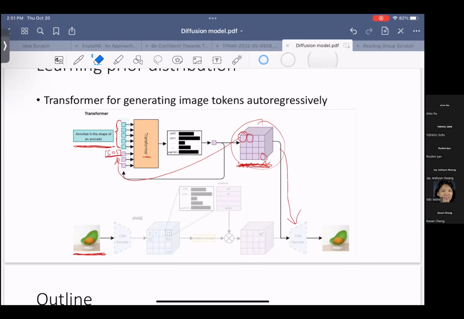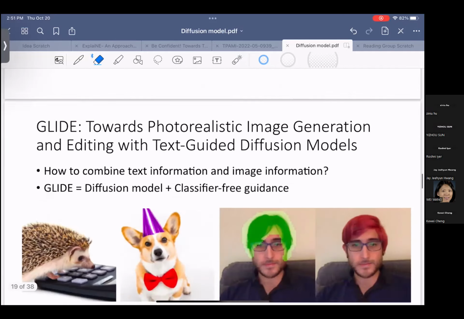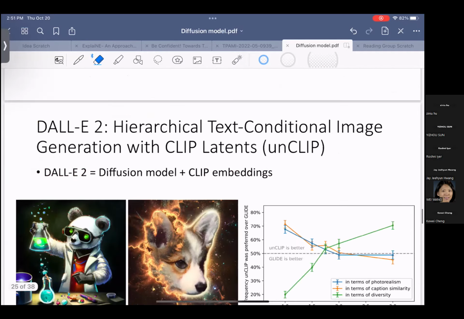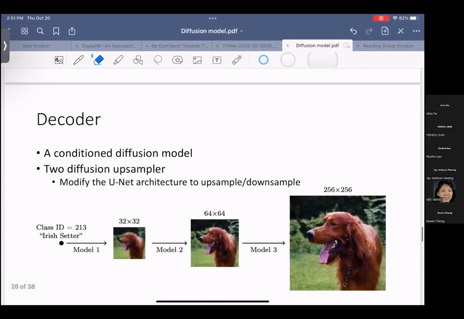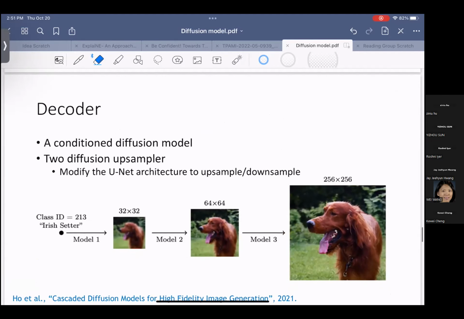That is why I asked whether there is a strict requirement between the training set and the testing set. What I'm trying to say is, if we train on images of size, for example, 32 by 32, then we can only generate images of size 32 by 32.